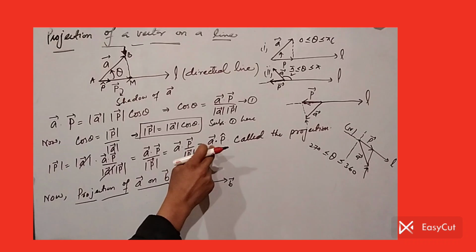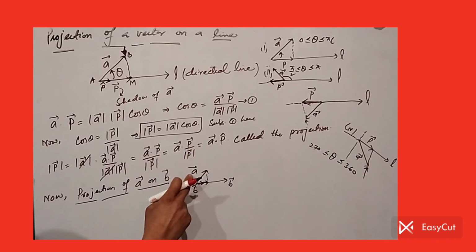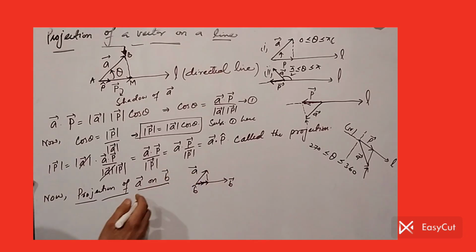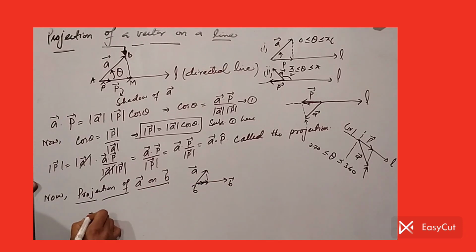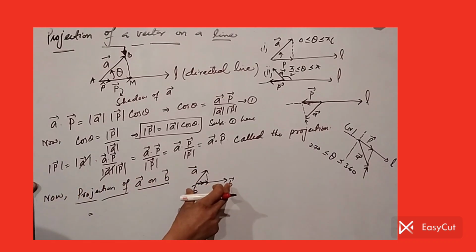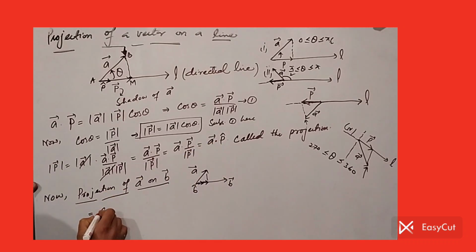So the projection of A on B means the magnitude of this projection of this vector, that is vector A dot unit vector B, into.